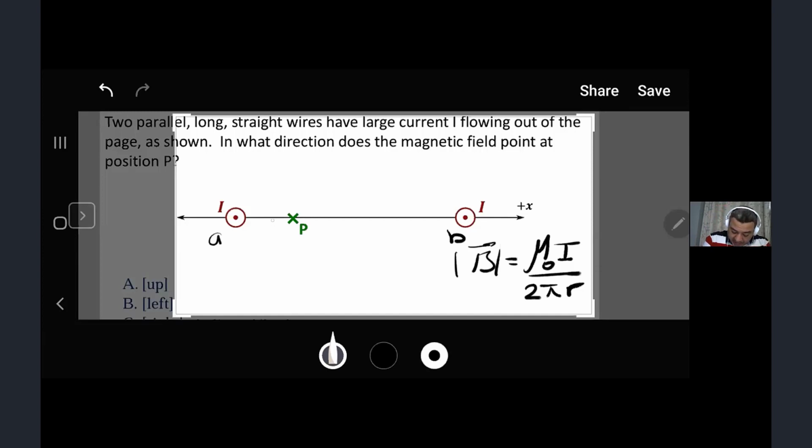In this case, the magnetic field will be pointing up right here. So this one is BA.